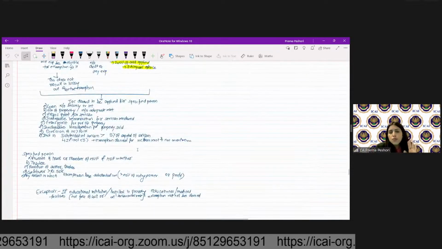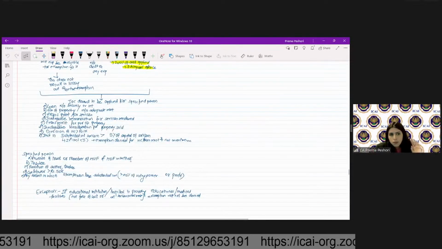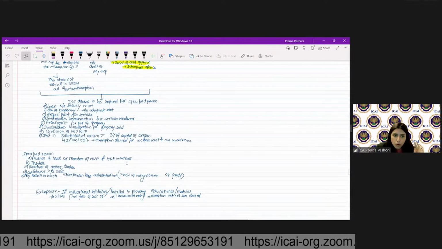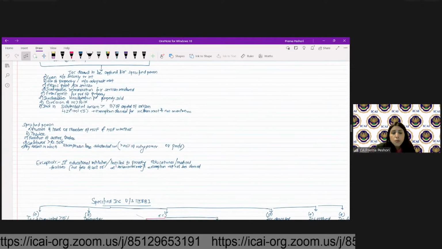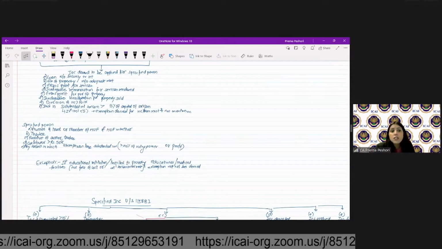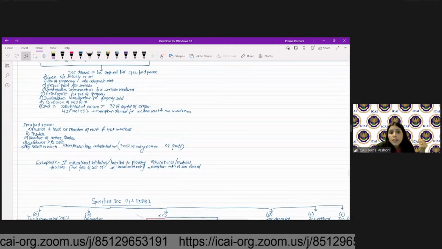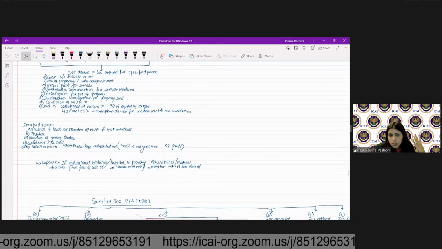So all of those would result in the denial of the exemption. And the specified person here means author of the trust, or the trustee, or the relative of the trustee, contributor of more than 50,000, or any concern in which the above persons have the substantial interest.